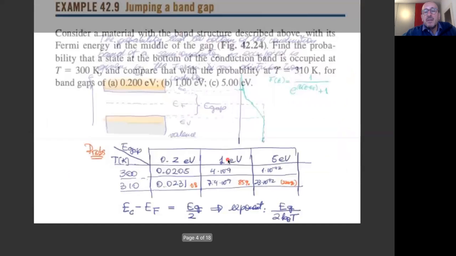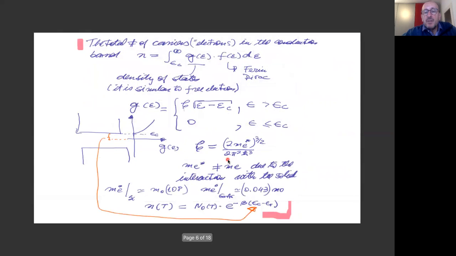But these numbers, even at 0.7 electron volts, if you calculate this at room temperature, KT is equal to 0.025, which is 25 millielectron volts.